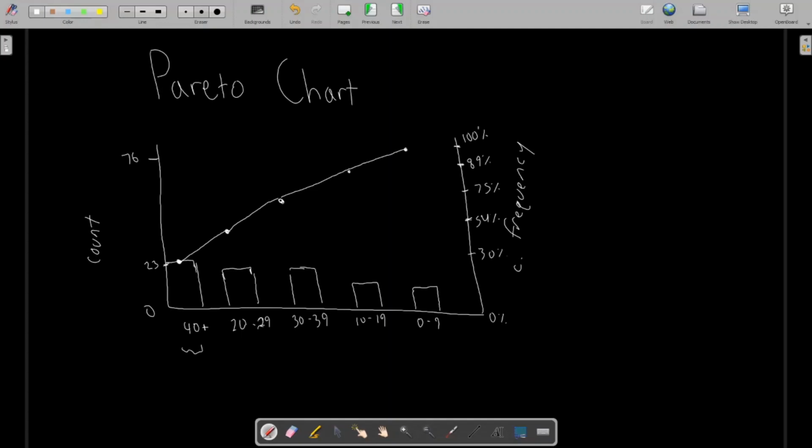And you'll notice whenever you make one, the line that we make for the cumulative frequency is always going to be kind of a hill, like a sloped sort of line that goes like this. And that will always appear to be the case because we always start with the largest relative frequency and move in descending order.